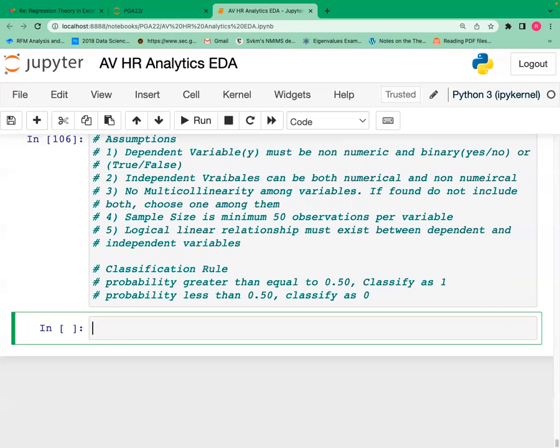Okay. The interpretation of output. The interpretation of output in Python is based on the confusion matrix.